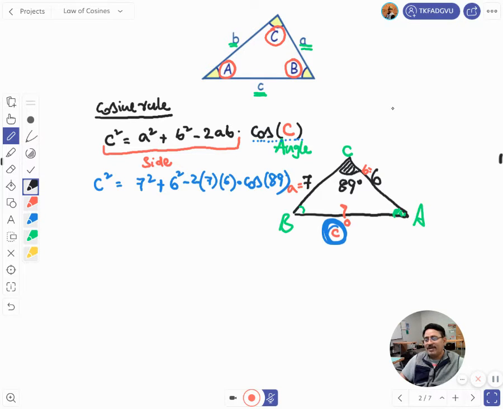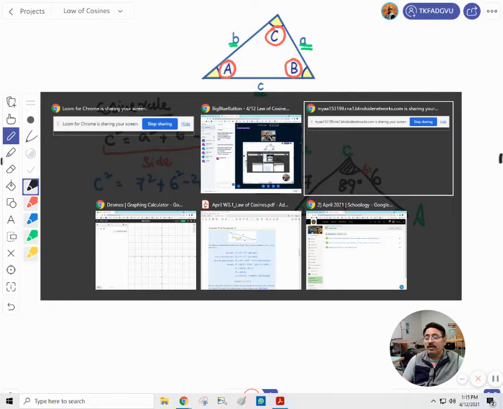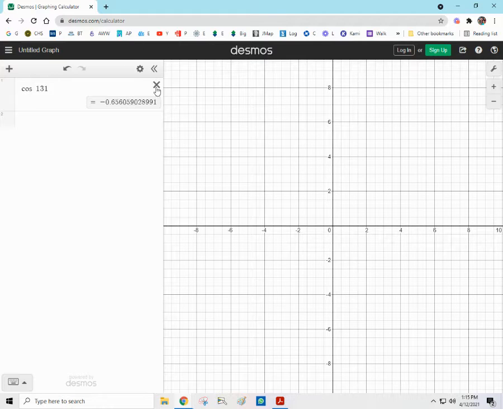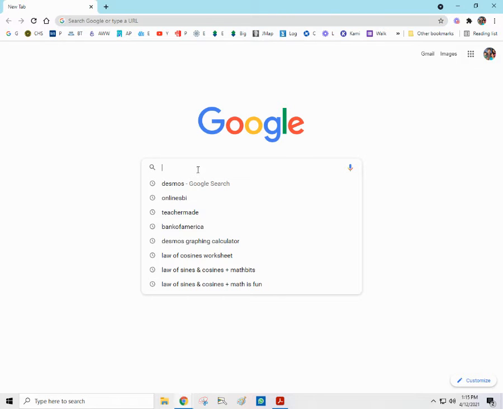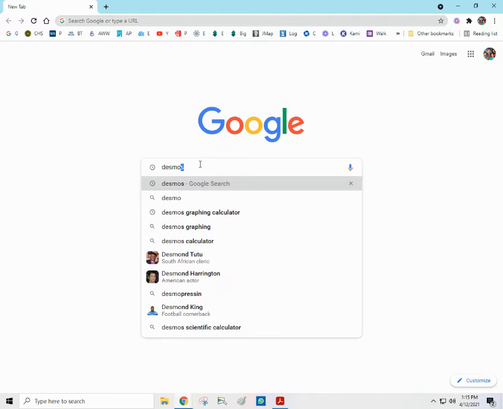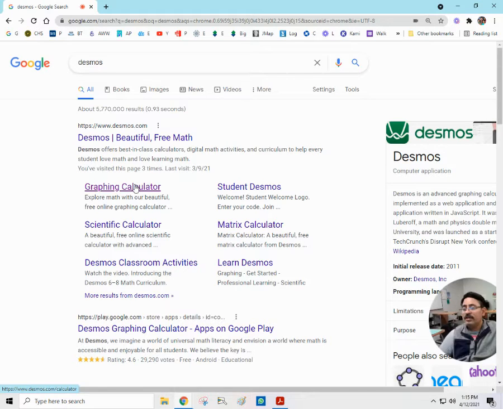Okay, so what is the value of cos 89? You may make use of the Desmos calculator. I have a TI-84. If you don't have one, you may make use of Desmos. Let me go to Desmos. When you Google it, you can get this.